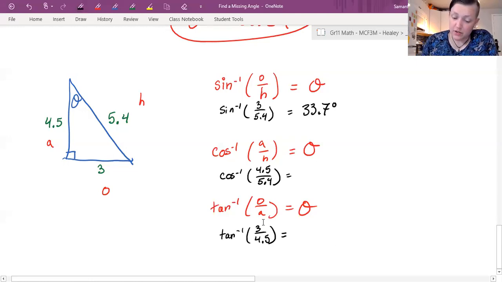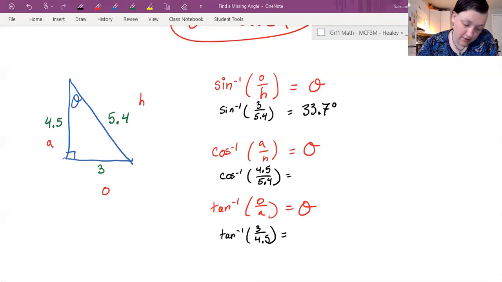And then if you'd chosen to do the cosine inverse of 4.5 over 5.4, hang on one second. Oh, whoops, I didn't show you that.